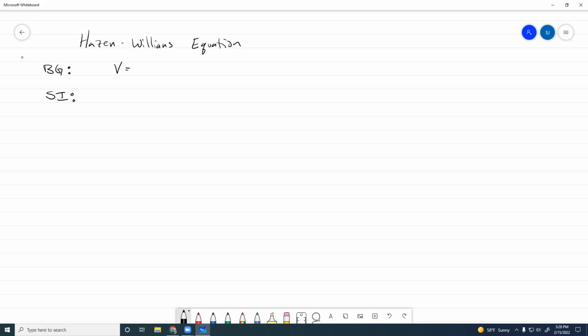So in British gravitational or US units, velocity of flow is 1.318 times this coefficient, which is based on your pipe properties, times the hydraulic radius to the 0.63 times the slope to the 0.54. And this has units of feet per second.